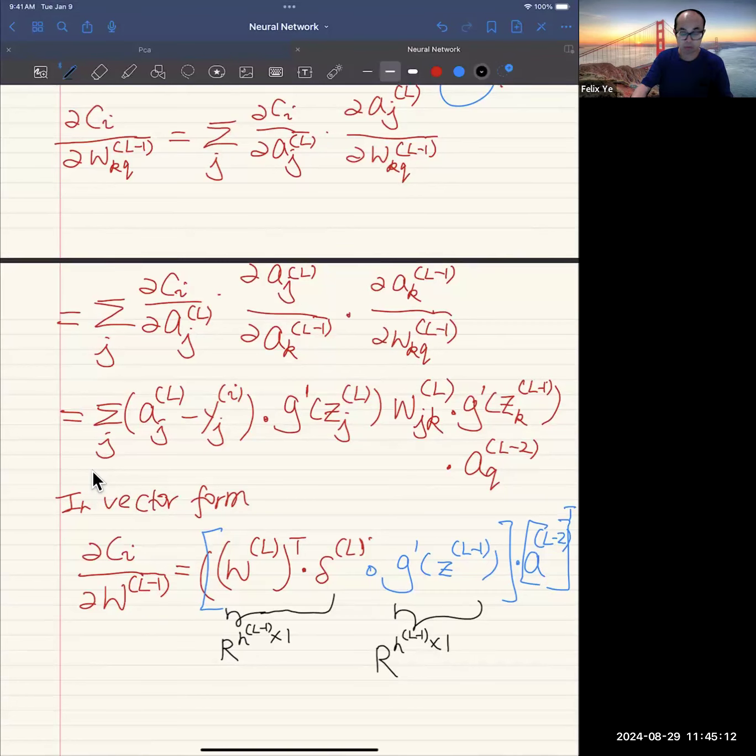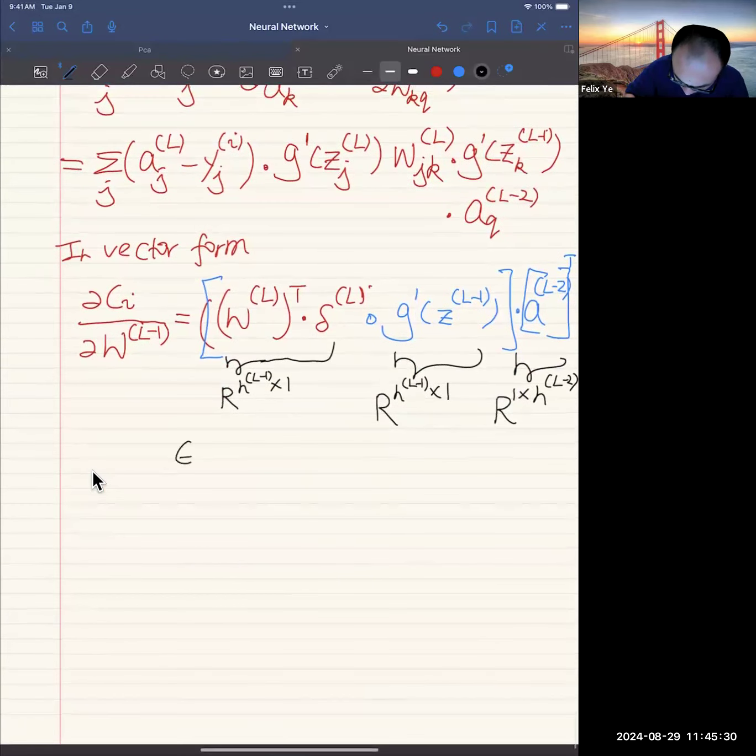You multiply them together element-wise. Take the transpose of this matrix. This gets you 1 by H^(L-2). So by the end, you're getting a matrix of H^(L-1) times H^(L-2).